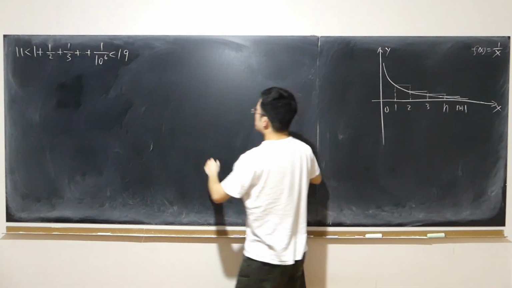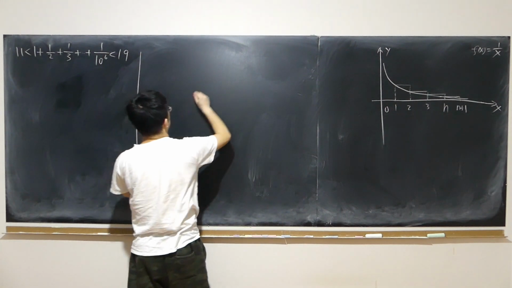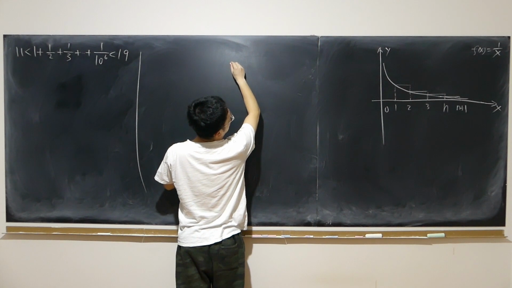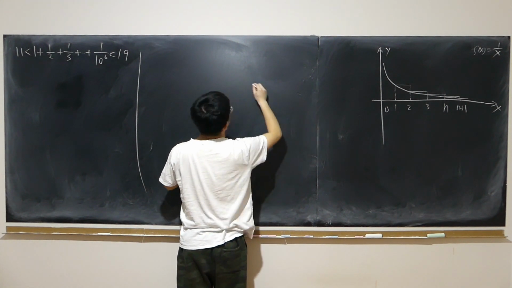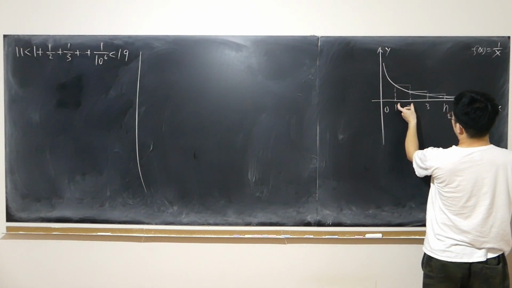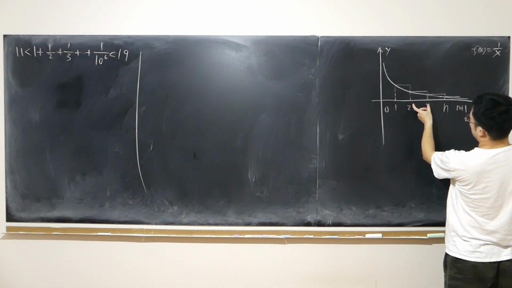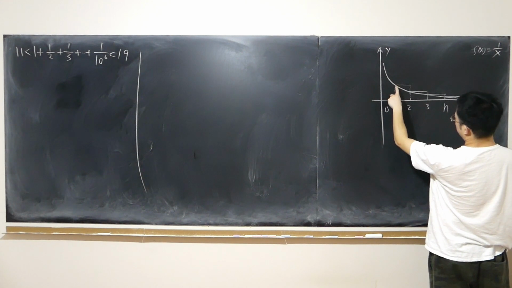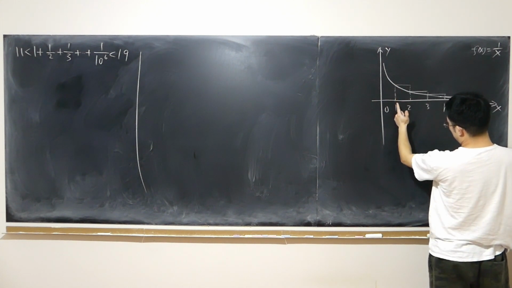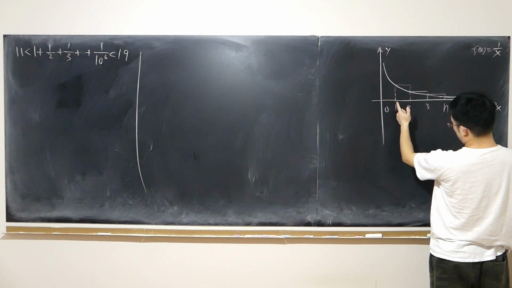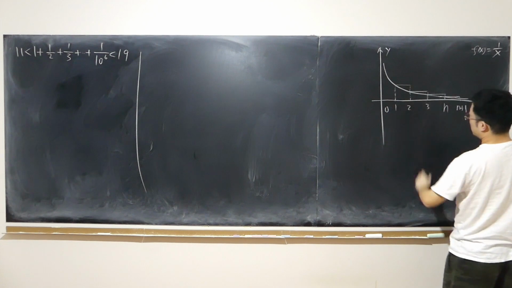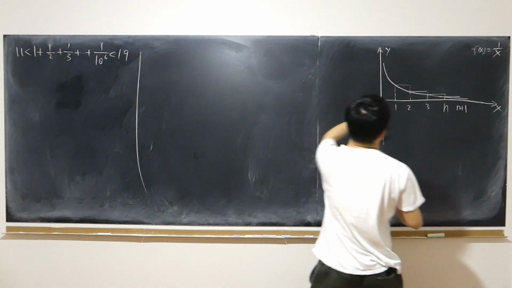So for the area of this sum of rectangles, the width of each rectangle is 1. The height is the functional value taken at the left edge of each small interval. Left edge, left edge, left edge, and the function is this.